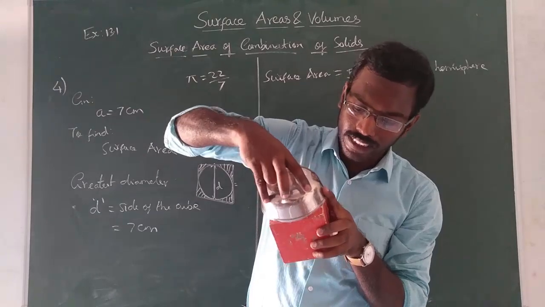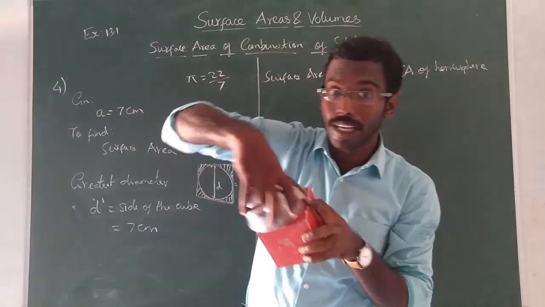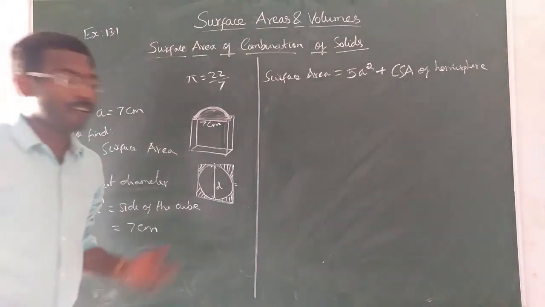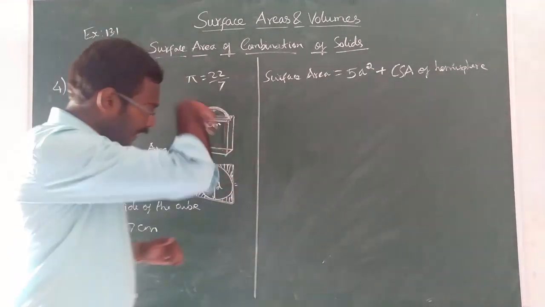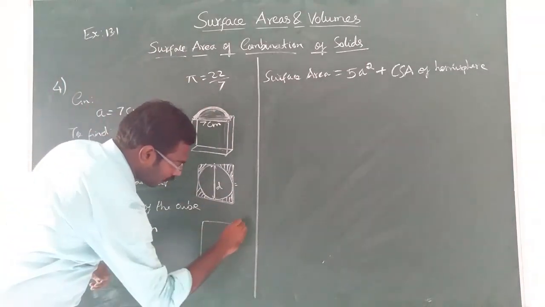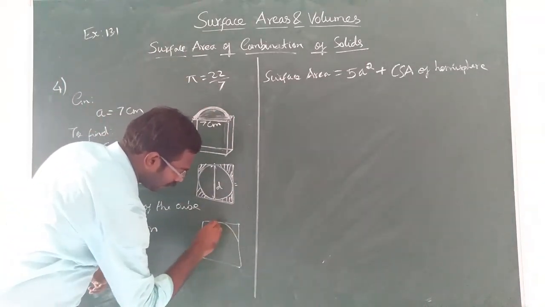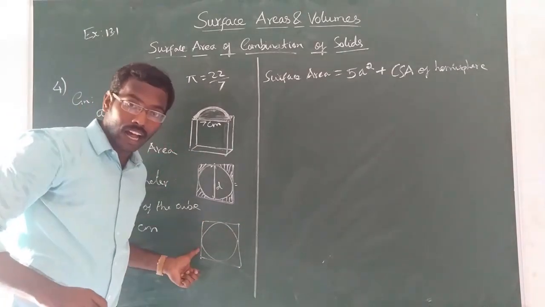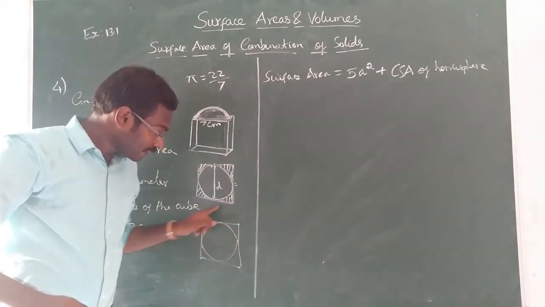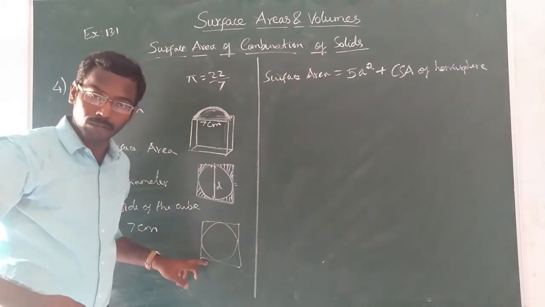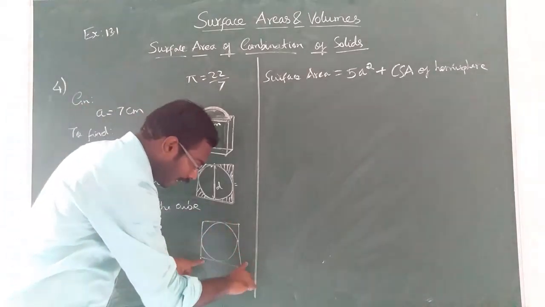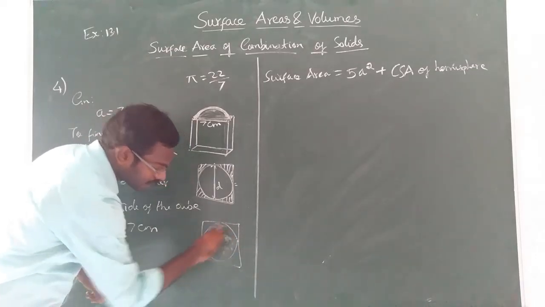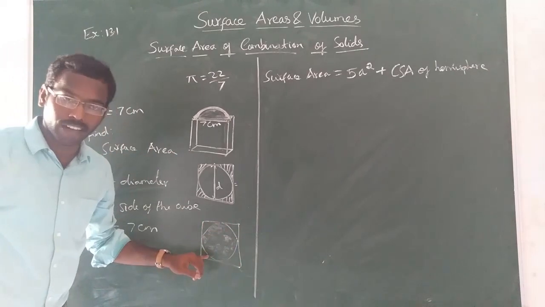So, with the curved surface area of the hemisphere, this edge also should be included. How will you include the edge? You can see here, this is a square and this is a circle. So, from the square area, if you subtract this circle area, this edge area will be available. Understood? From the square area, you subtract the circle area, the remaining part will be available.